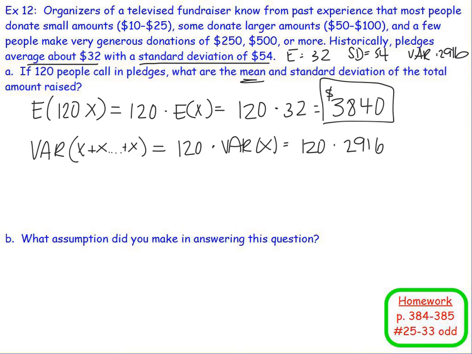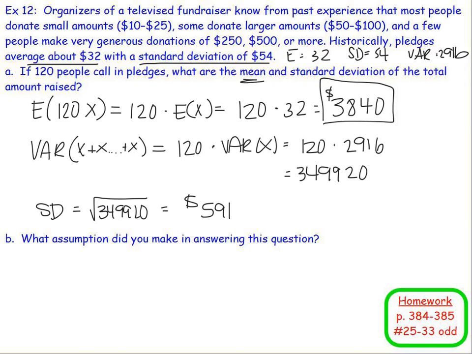And yes, you should get a very, very large number. I got 349,920, very large. And the standard deviation of all those X's, the square root of 349,920, is $591.54, 2 decimals.